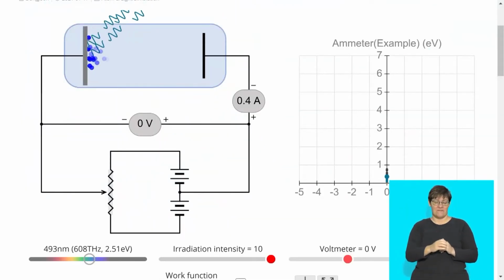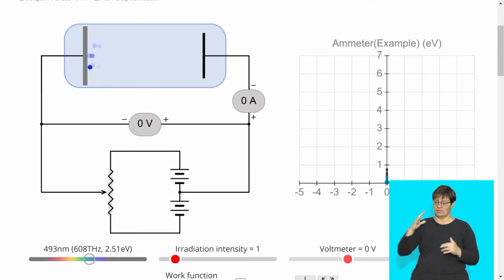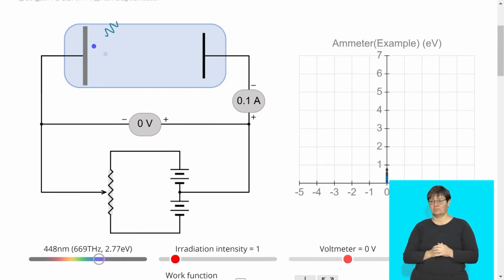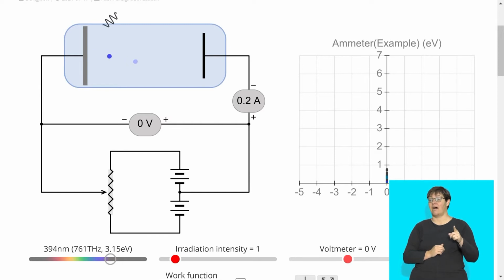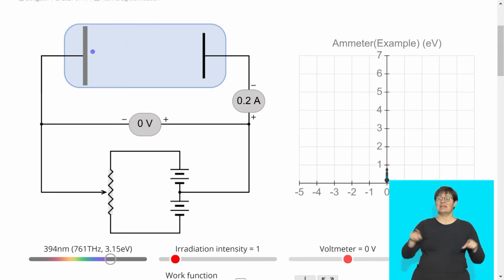Let's make it back to being quite dim, and let's increase the frequency, okay? I make it a higher frequency light. We haven't changed much with the current. Let's make it even higher. Now you can see just by increasing the frequency, I've got the same number of electrons coming off as I had just now, but my current is now increased.